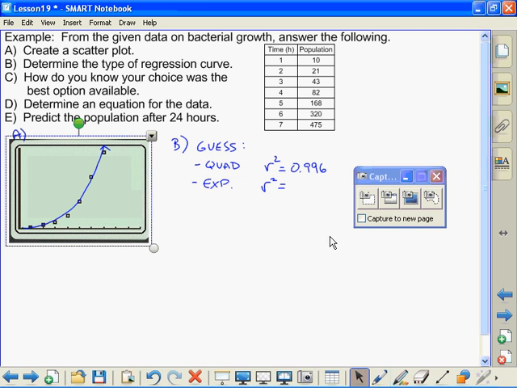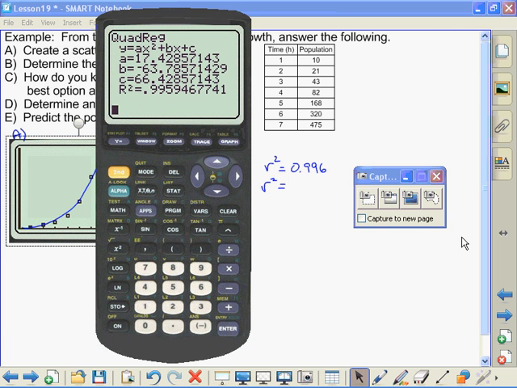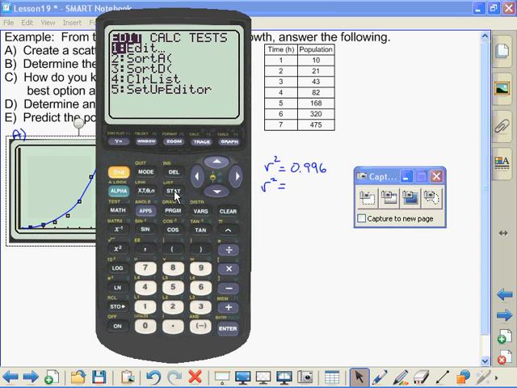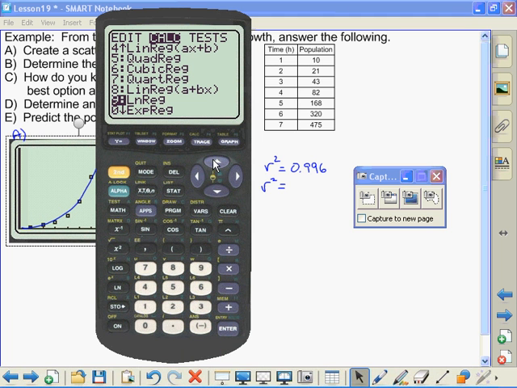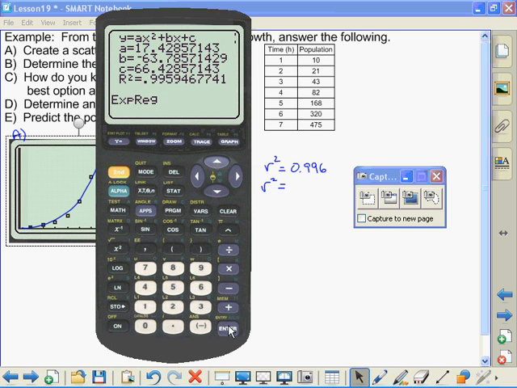This is the process you generally go through: you narrow it down to two or three options, and then you go from there. Now I want to try my exponential, number 0. I'll let it run through and see what happens.